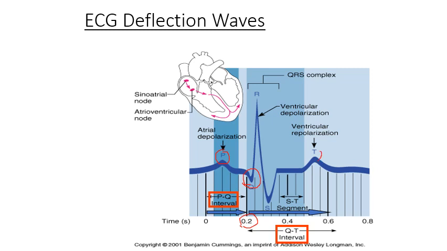This is also a very important interval. From the beginning of the ventricular depolarization until the end of the ventricular repolarization wave, this is the QT interval, which is about 0.4 seconds.